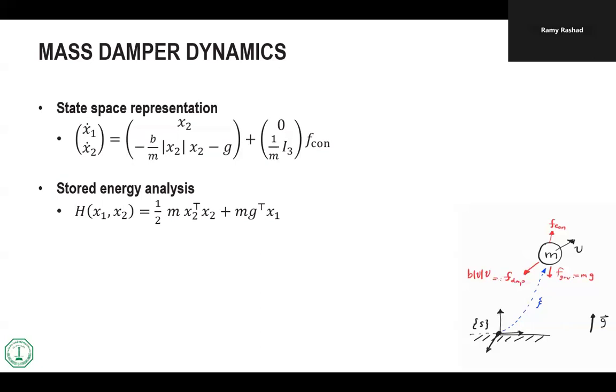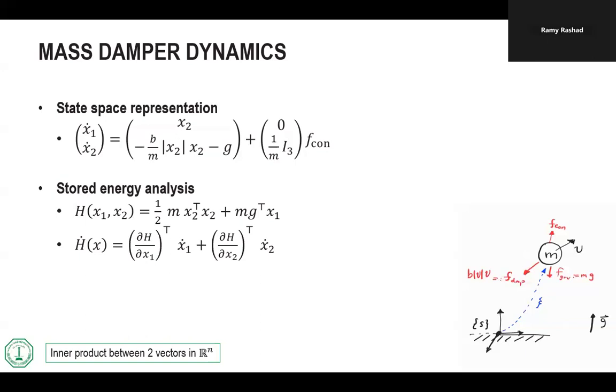The h dot is simply this: I have h as a function, and I want to take the rate of change of a function of x. And x itself is a function of time, because x follows this differential equation. So you just use the chain rule. The partial derivative of this function with respect to the first state is multiplied by x1 dot.